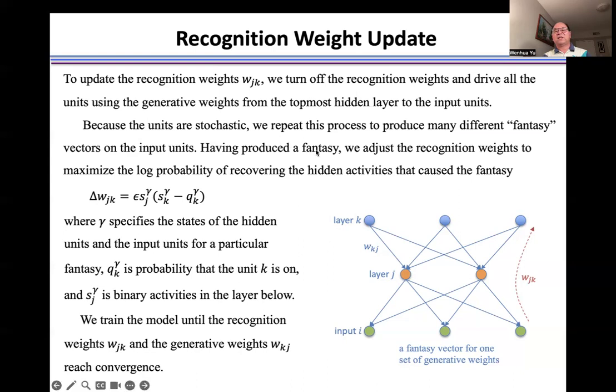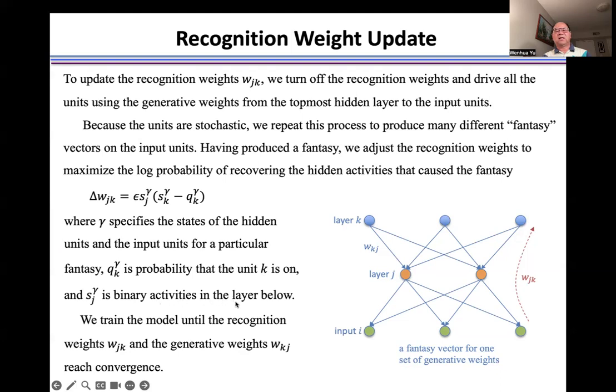Having produced the fantasy, we adjust the recognition weights to maximize the log probability of recovering the hidden activities that caused the fantasy, where gamma specifies the states of the hidden units and the input units for a particular fantasy, p_K^gamma is the probability that the unit k is on, and s_G^gamma is the binary activity in the layer below.